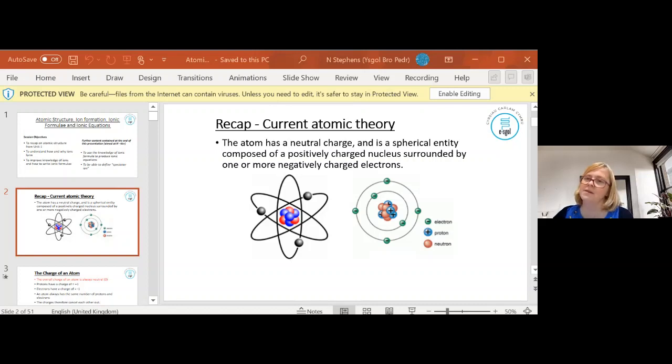But primarily focusing on a skill that will be central to every unit you do throughout year 11, which is the criss-cross rule and how you determine the ionic formula of any compound given to you.